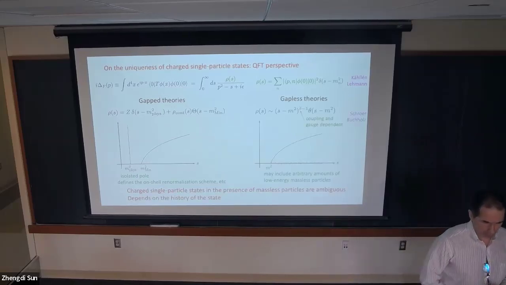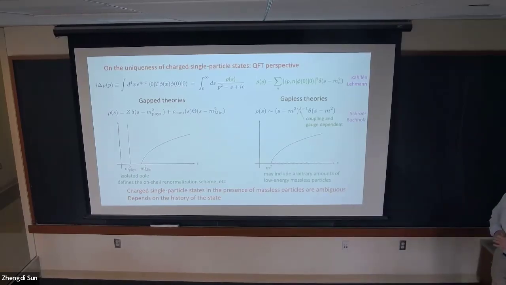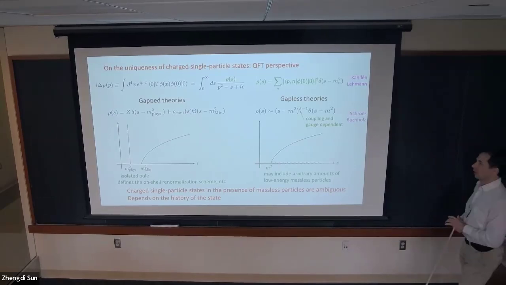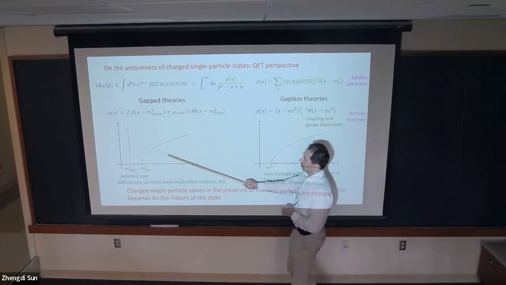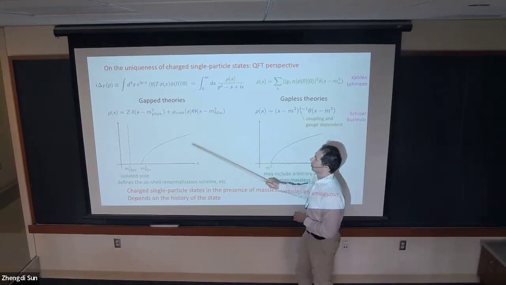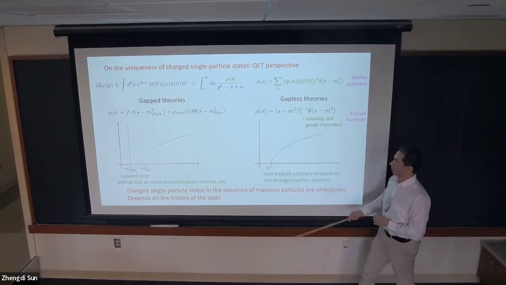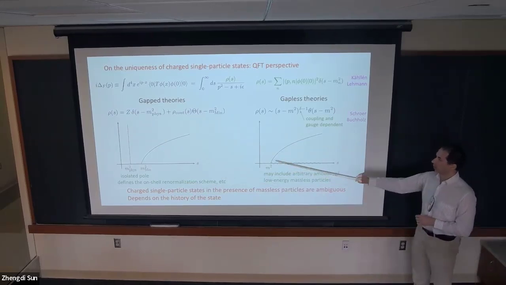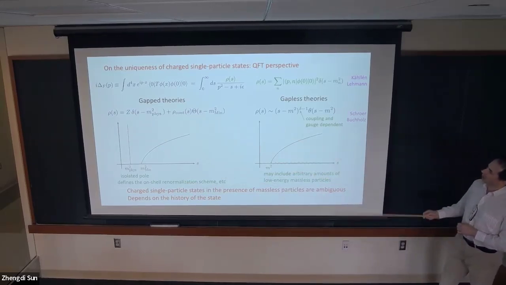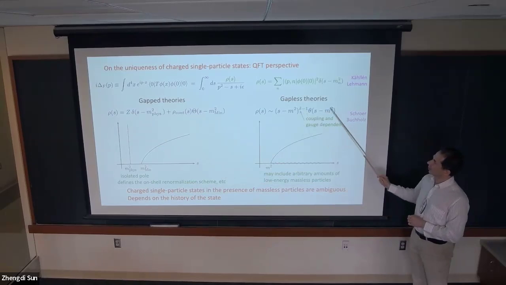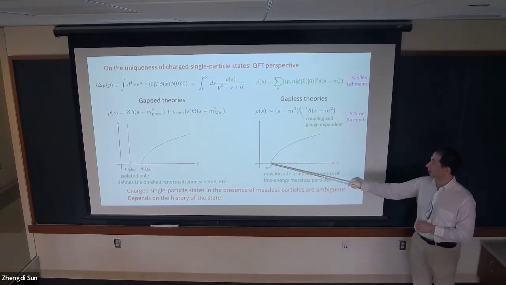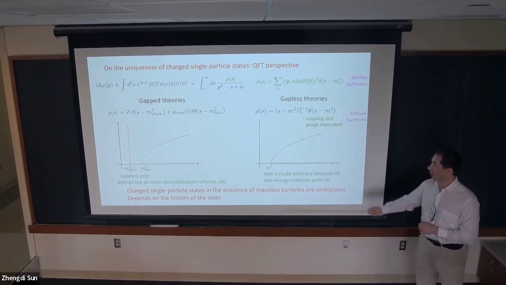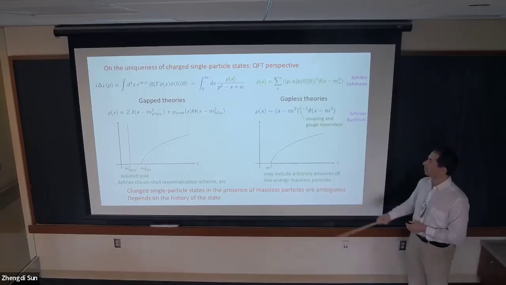Now, as one goes to gapless theories, the story changes. This isolated pole disappears, or rather merges with the continuum, and it stops being a pole altogether, in fact. And the spectral density looks like this. It has a cut starting at the Lagrangian with the bare mass.